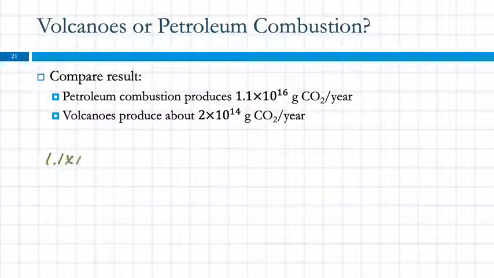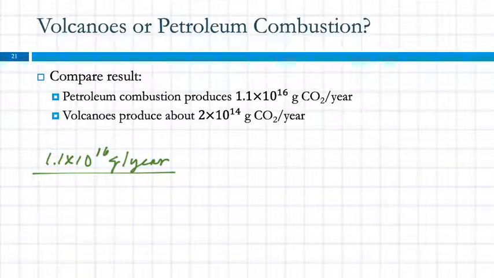So 1.1 times 10 to the 16th grams per year divided by 2 times 10 to the 14th grams per year is 55.